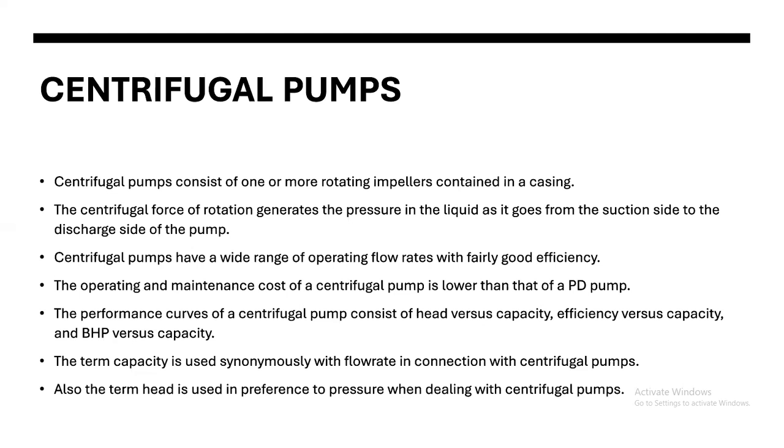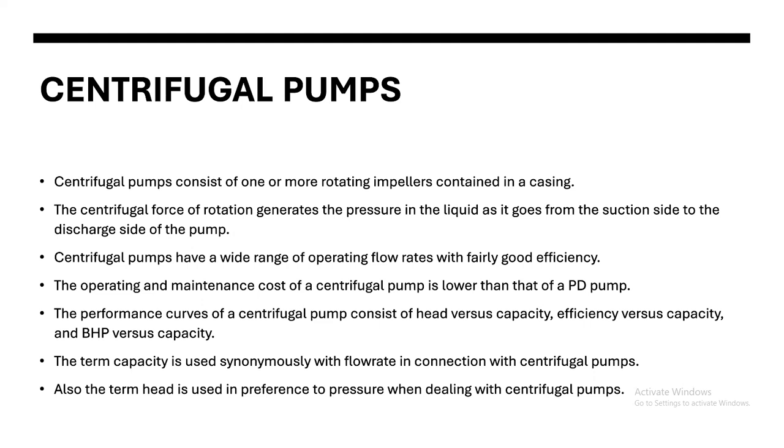The performance curve of a centrifugal pump consists of head versus capacity, efficiency versus capacity, and BHP versus capacity. So which means your head, your efficiency, and brake horsepower are plotted against capacity.